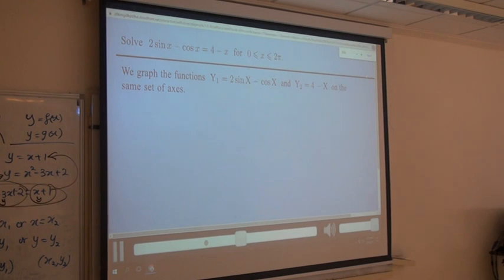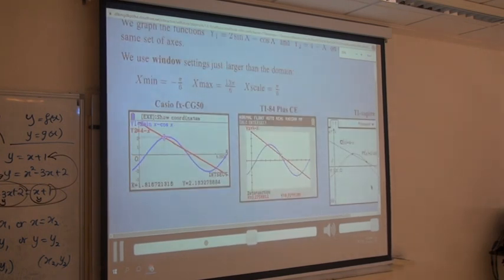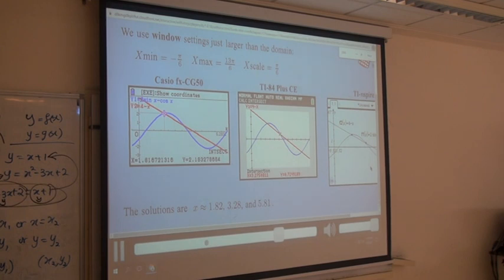We need to make sure the mode is set to radians. We then graph the functions and make sure the window settings are just larger than the domain. For more instructions, you can click on the icon. Locating the points of intersection on the given domain, we find that the x-coordinates are approximately 1.82, 3.28, and 5.81. These are the approximate solutions to the equation.